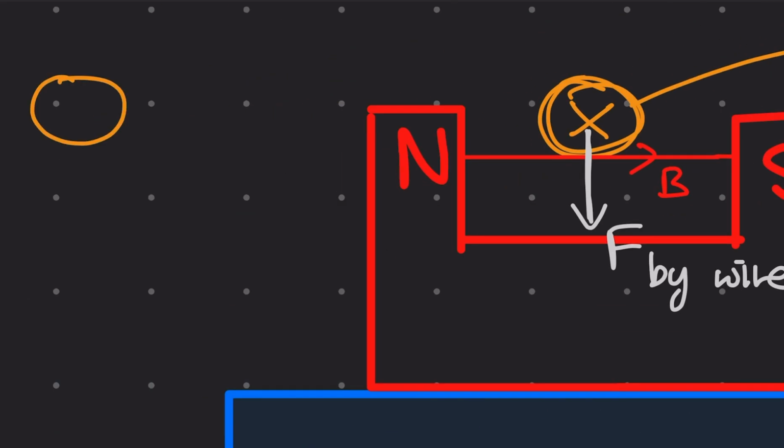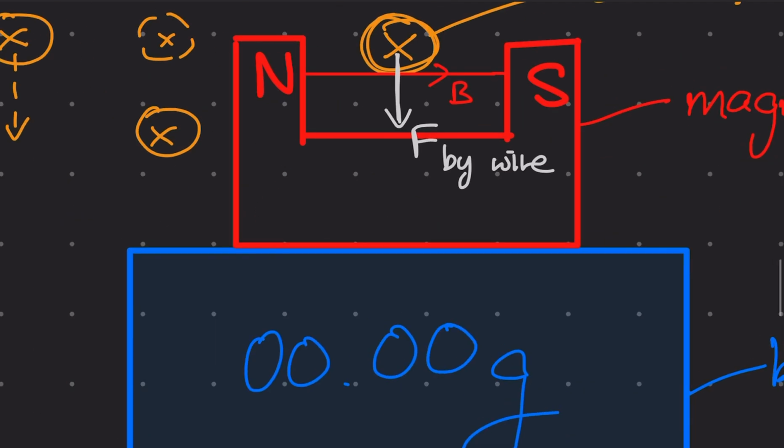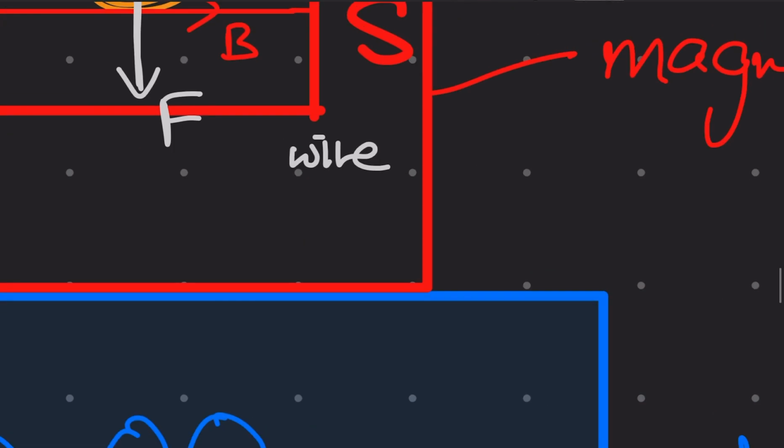So let's say originally the wire is here. Due to the force downwards, this wire is going to move down. That's because of the force that's created. I think in this sense, this force is acting on the wire instead of by the wire. So this is a force acting on the wire by the magnet.